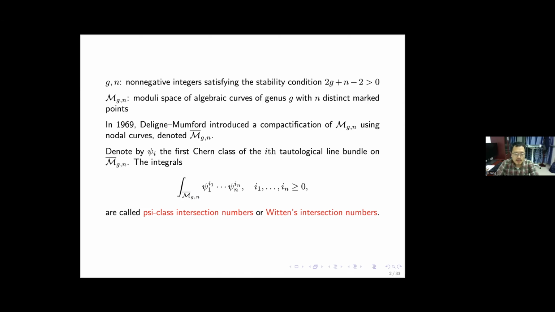And we denote by psi I the first Chern class of the ith tautological line bundle on MGN bar. So the integrals of psi classes over the moduli space of stable curves, MGN bar, are called psi class intersection numbers.